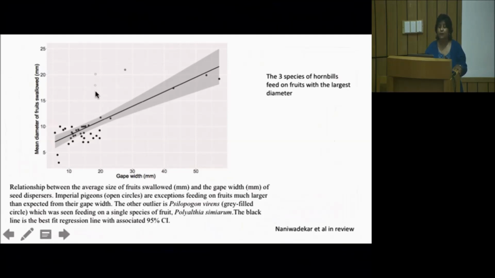The other 2 species, like imperial pigeons, tend to feed on fruits which are larger than expected based on their gape width, and so does the great barbet. So one thing you have to remember is that while hornbills can eat the smallest fruits also, they are the only ones who can swallow whole the largest sized fruits.